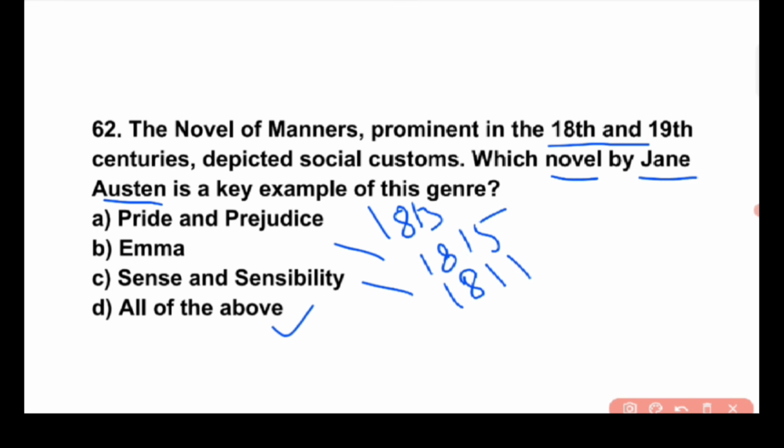So the order is Sense and Sensibility, Pride and Prejudice, and Emma: 11, 13, and 15.